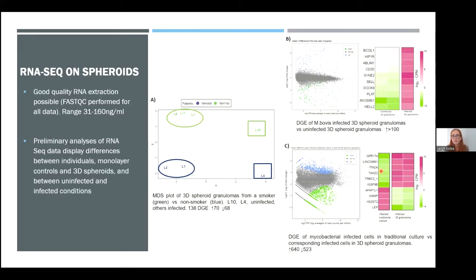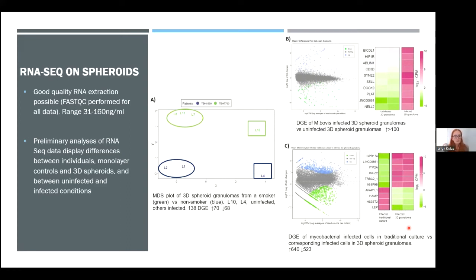In comparison, we have the differential gene expression from the granulomas compared to traditional monolayer cultures. And here we found that our 3D granulomas upregulated about 640 more genes and downregulated 523 genes compared to the traditional culture.